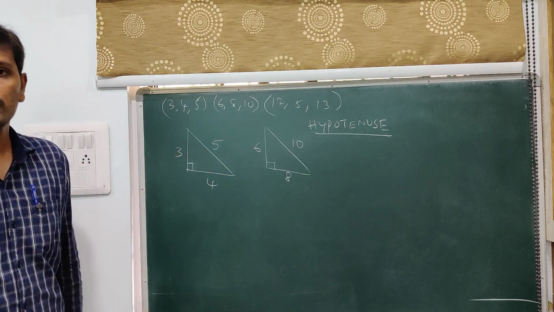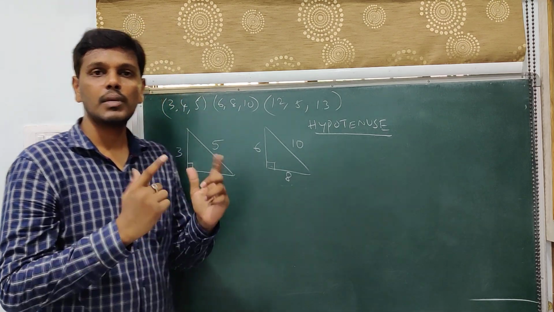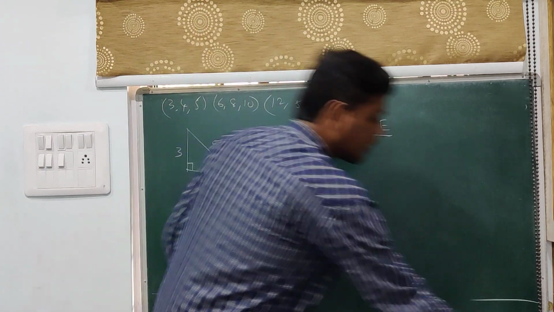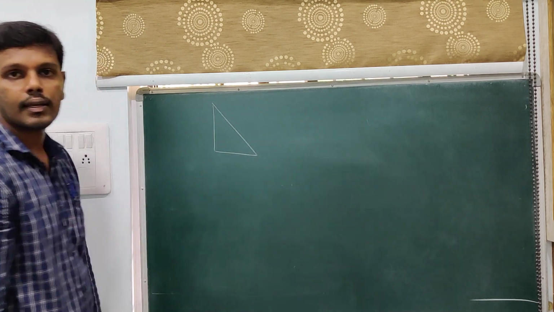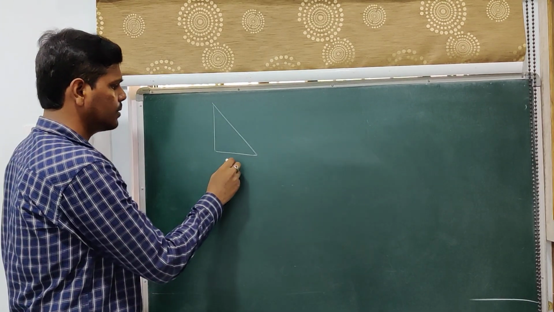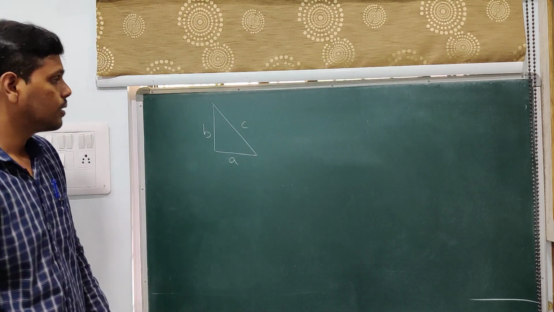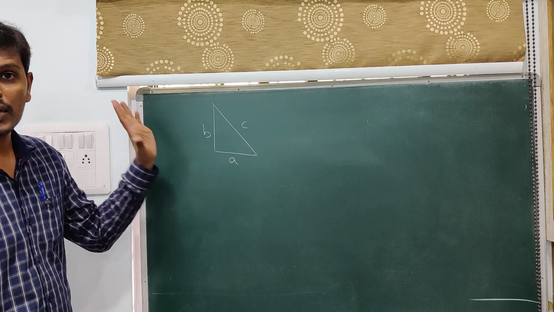And the converse is also true. That is, if you draw a right angle triangle, then the measure of the sides will always be Pythagorean triplets. That is, suppose say you have drawn a triangle, say with some lengths A, B, C, then we can say that A, B, C becomes the Pythagorean triplets.